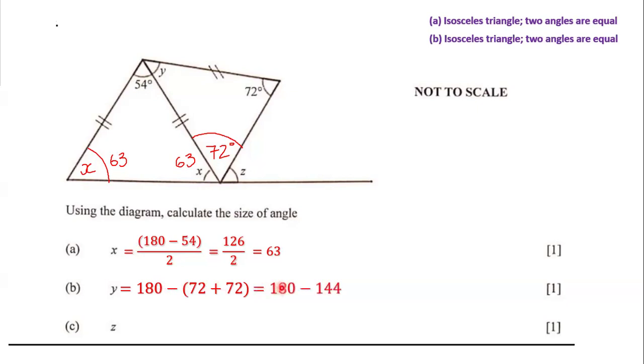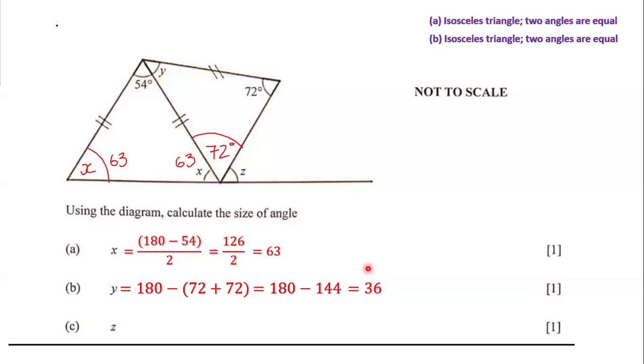And so we have 180 degrees minus 144 because 72 plus 72 is 144. So we have 180 minus 144, and we get 36. So that means that Y is equal to 36 degrees.